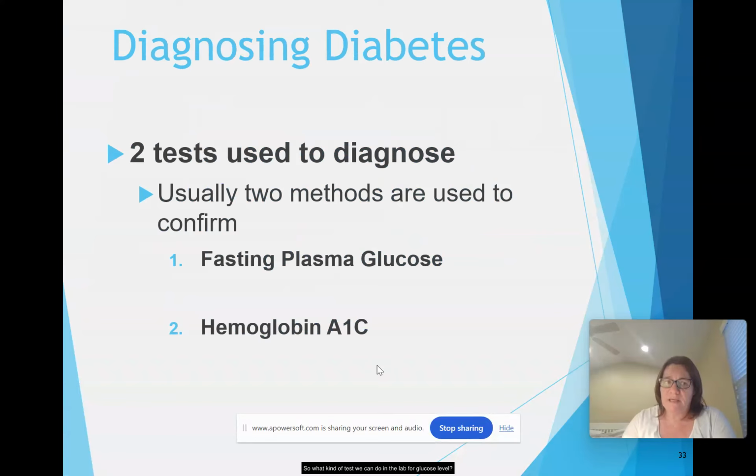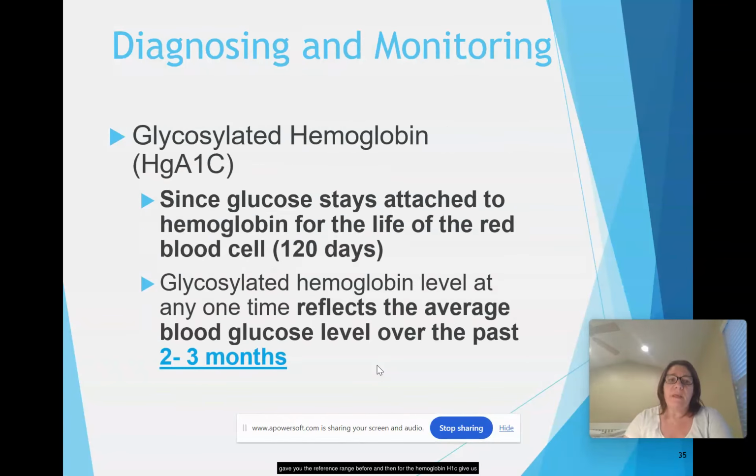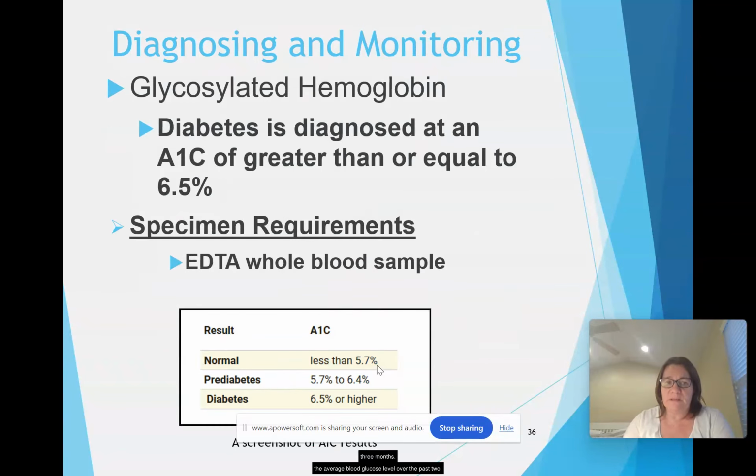So what kind of tests can we do in the lab for glucose level? Fasting plasma glucose and then hemoglobin A1C. Fasting plasma glucose, I already gave you the reference range before, and for the hemoglobin A1C, it gives us the average blood glucose level over the past 2-3 months.